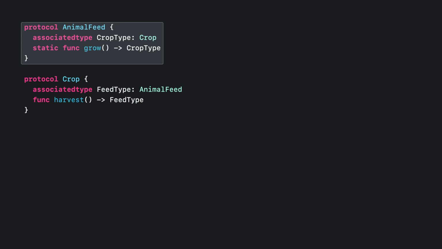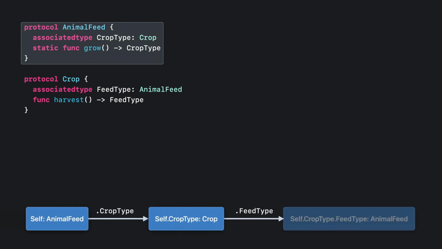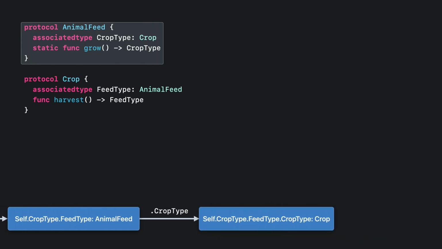As before, we can look at a diagram of type parameters for each protocol. First, let's look at AnimalFeed. Every protocol has a Self type, which stands for the concrete conforming type. Our protocol has an associated Crop type, which conforms to Crop. The associated Crop type has a nested associated Feed type, which conforms to AnimalFeed, which has a nested associated Crop type conforming to Crop, and so on.